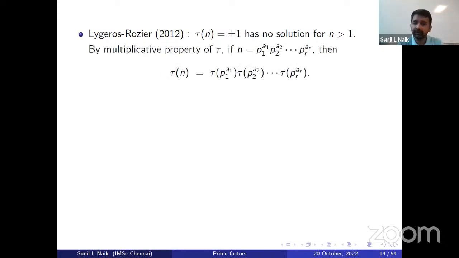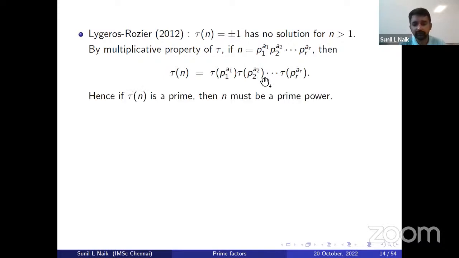Since tau is multiplicative, if n is equal to the product of p_i to the power a_i, then tau of n is equal to the product of tau of p_i to the power a_i. Since tau of n equal to plus or minus 1 has no solution for n greater than 1, if tau of n is a prime, then n must be a prime number.